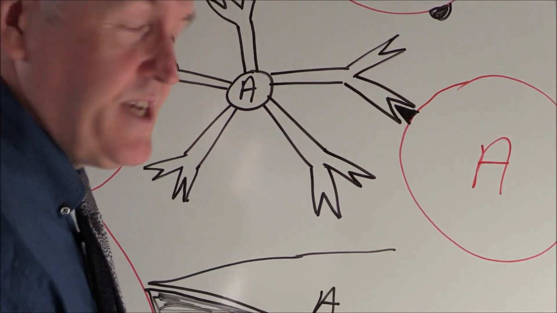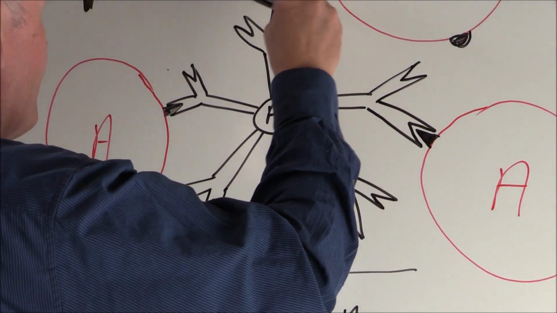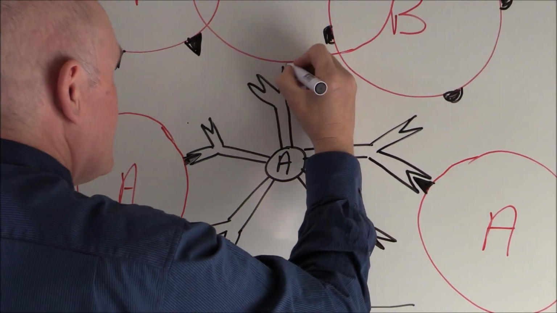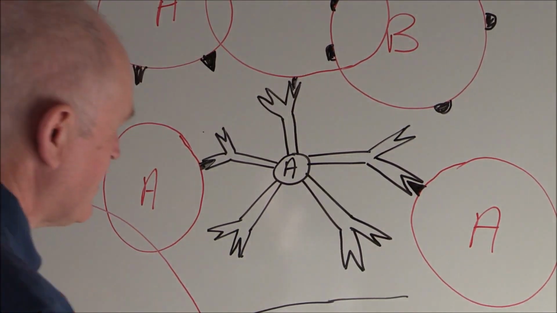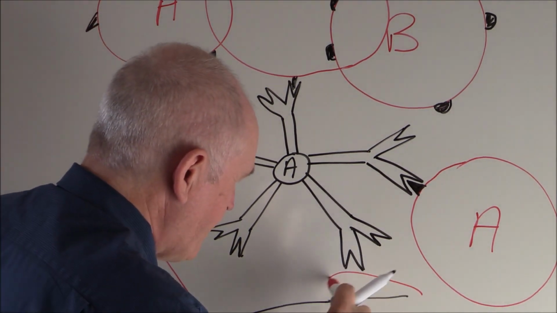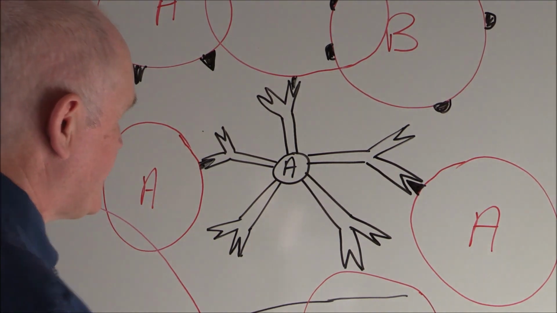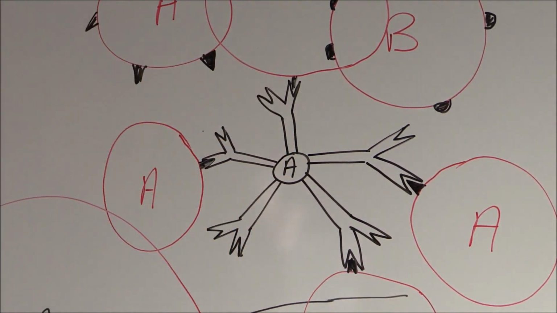That's going to bind with the A antibody, and I think it's quite obvious that you're going to get lots and lots of A red cells all clumping together, being held together by this antibody.